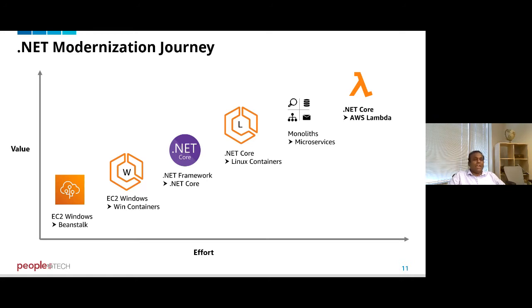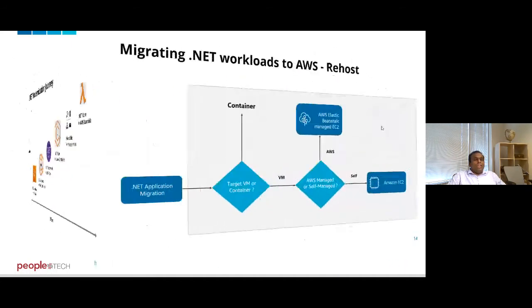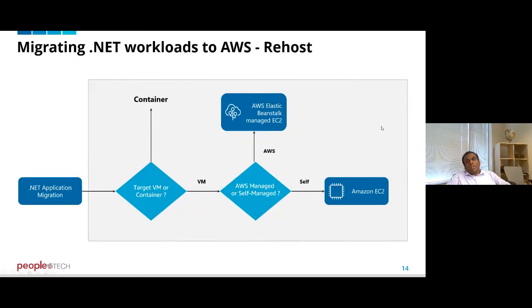It's not that we take an application and move directly to .NET Core with AWS Lambda. It is a journey that a customer goes through, and it also depends on what kind of application you're currently running in your environment, and you need to see what approach would work for a specific application.